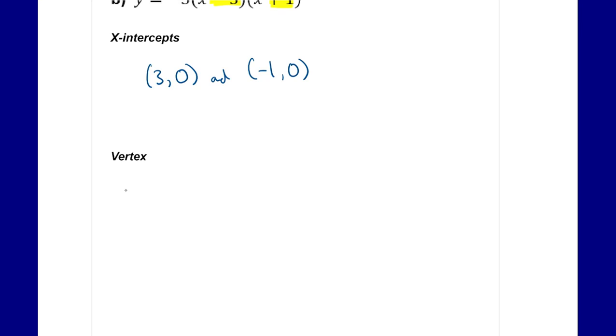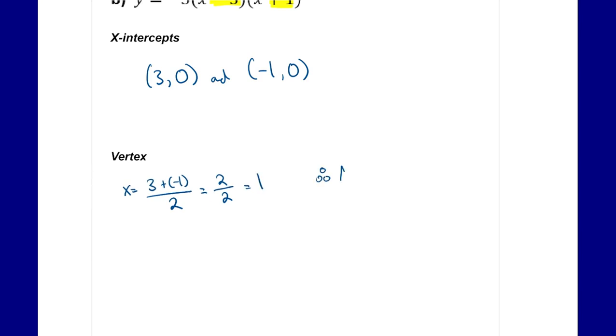For our vertex, we're going to find the x value first. We're going to add our two numbers together, 3 plus -1, and divide that by 2 to find the middle value. 3 plus -1 is 2, divided by 2 equals 1.